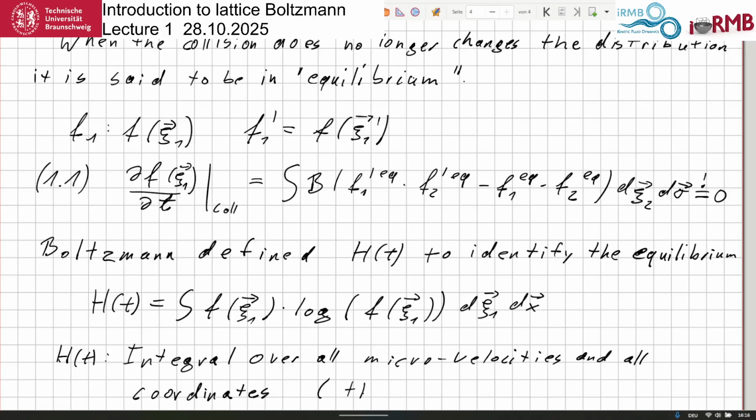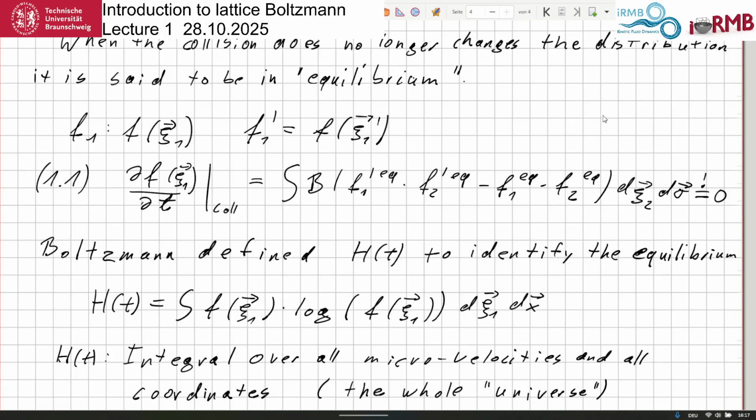So this means it describes something about the whole universe. We are not thinking little here, we are thinking extremely big. So this applies to the universe. H is a property of the universe, okay?